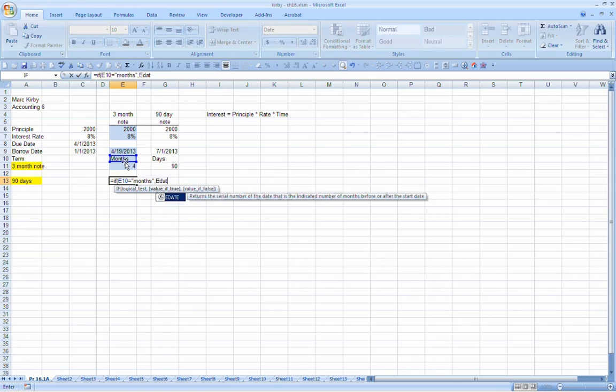EDATE the date and modify it by the number of months, like that. So, IF test, value if true. If it's not months, then what's the value if false? Well, I only have 2 choices, days and months. So if months is false, it must be days, and I could go plus the date plus the days, close parentheses, and move on.